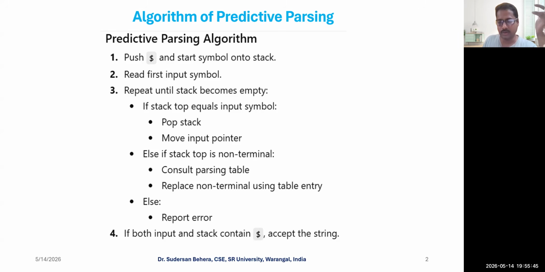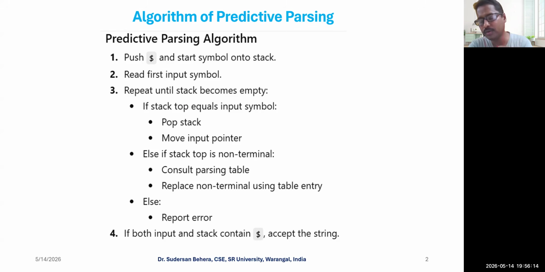Whenever the input symbol in the input buffer is identical to the symbol present at the top of the stack, then no issue. If the input symbol, which is a terminal, is not equal to the top of the stack, then there is a problem. But that is not simple. That problem can be realized in different manners.